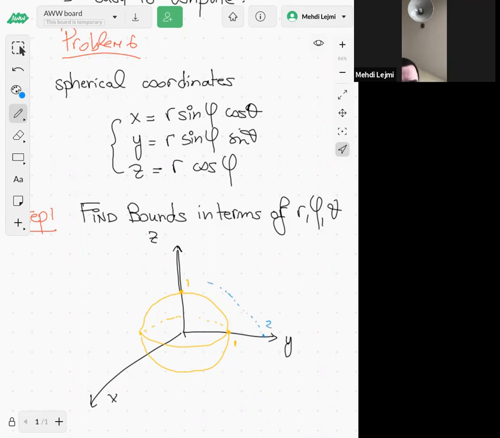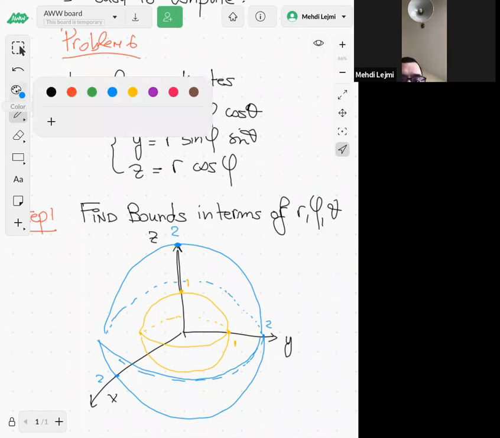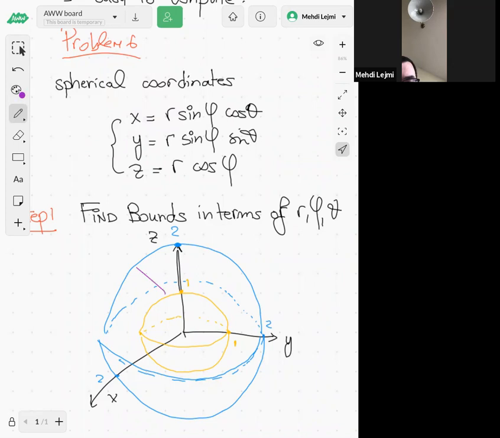So we have these two balls of different radius, and between the two spheres you have your solid S.